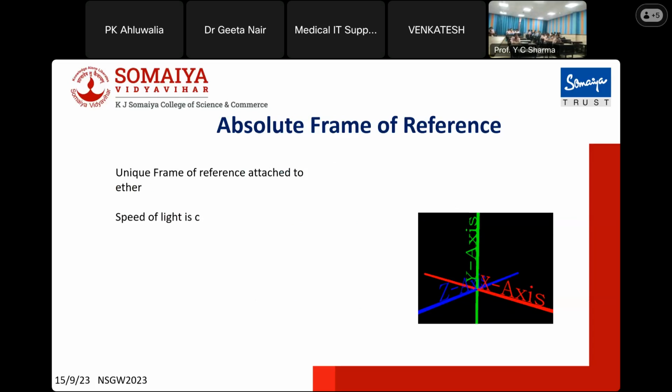So what was the obvious experiment? The obvious experiment was to measure the speed of light in different frames and in different directions, noting whether there is a unique ether frame with respect to which the speed of light is c. So by this time, people were trying to find experiments which would verify the existence of ether.